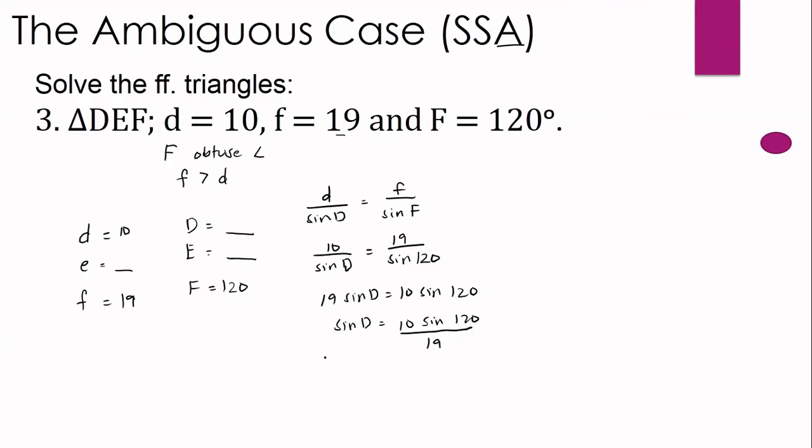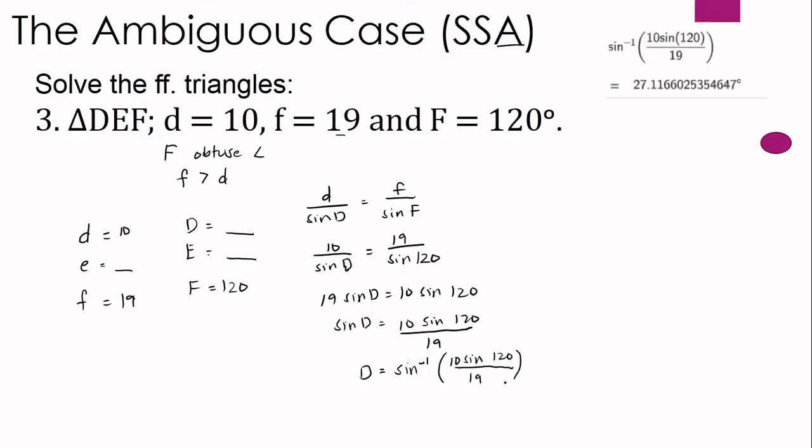But then again, ang kukunin lang natin is angle D. So pag ang angle lang hinahanap, magkakaroon tayo ng arc sine or sine inverse. 10 sine 120 over 19. And then using your calculator, ito ang inyong ipipindutin: sine inverse, 10 sine 120 over 19.